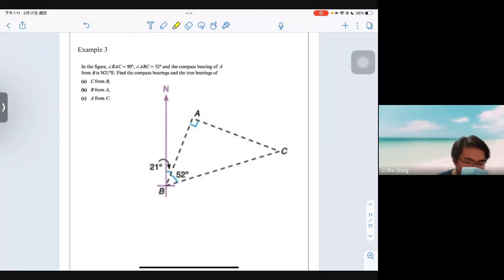So please do example 3. And is there anyone who needs to change the mark sheet? No, I think. Good. Please take a photo of your work to the Google Chat so that I can take a look.